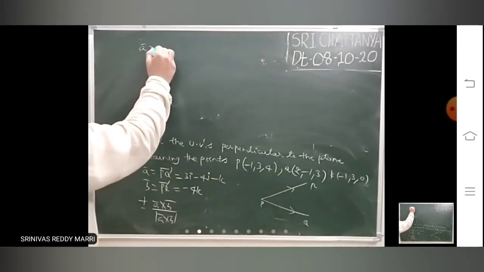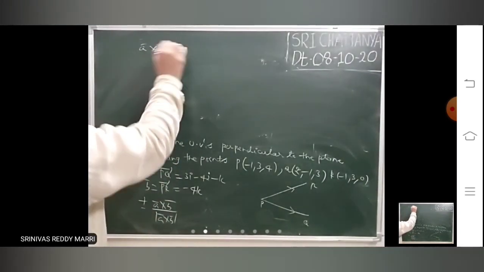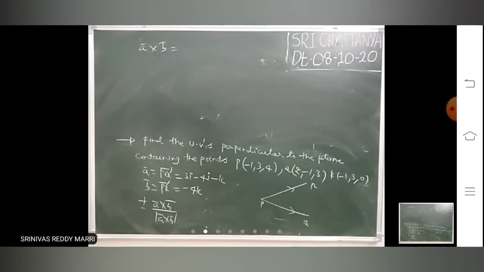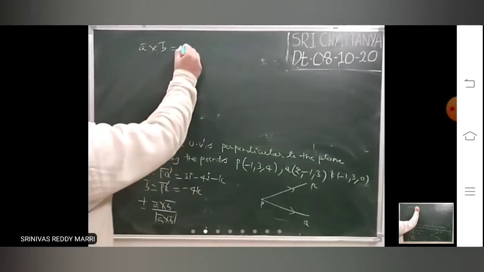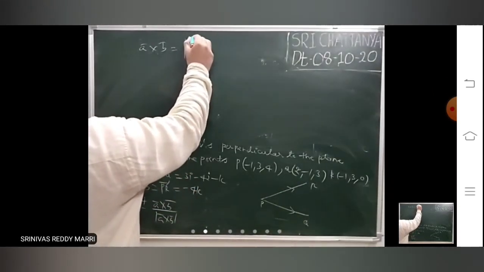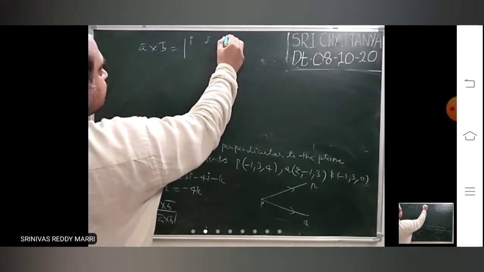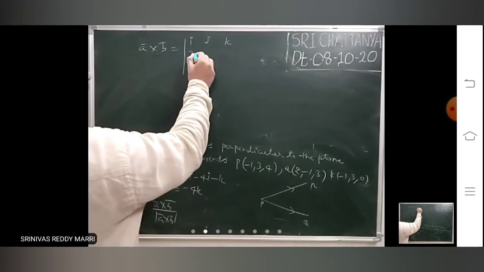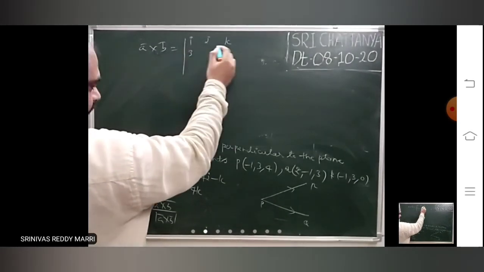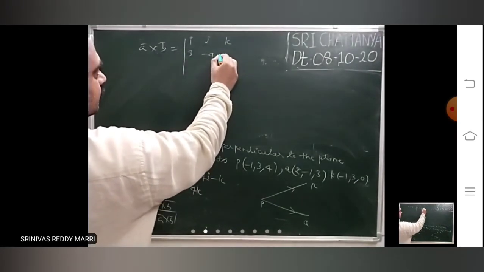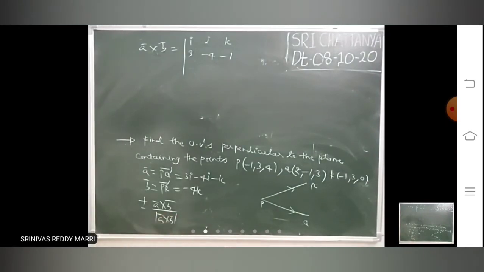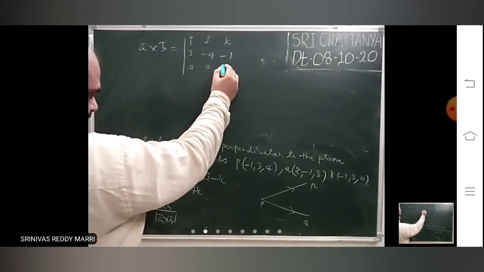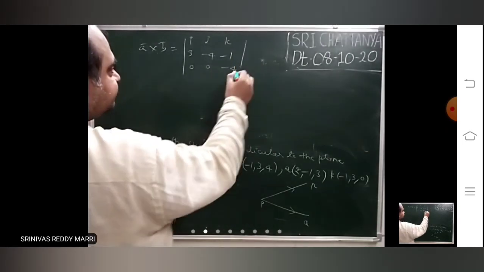It is the determinant with rows i, j, k; 3, minus 4, minus 1; 0, 0, minus 4.